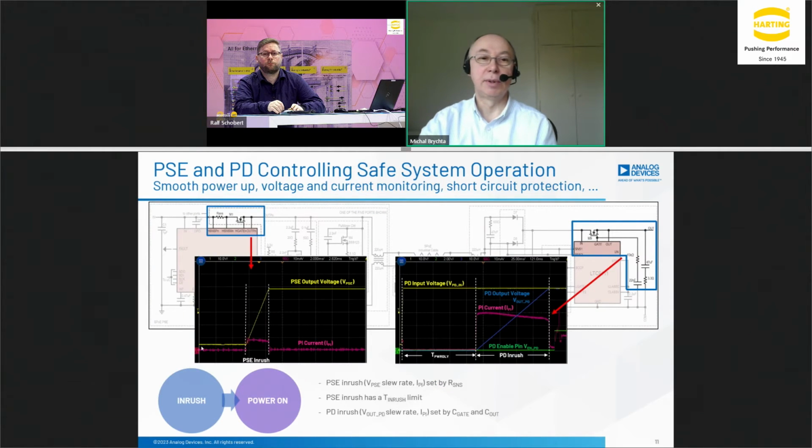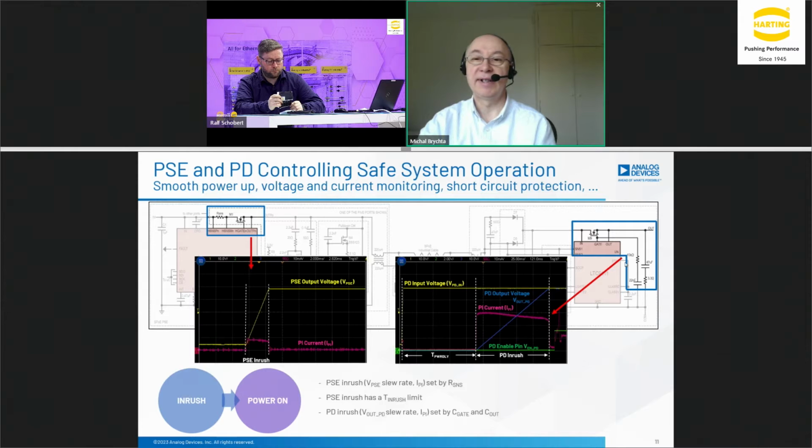And then the controlling device on both sides, the PSE controller and the PD controller, they also ensure the safe system operation. So they ensure that the power up is smooth. So it's a slow ramp up of the voltage, controlling how much current is flowing, checking how long it takes to power on.